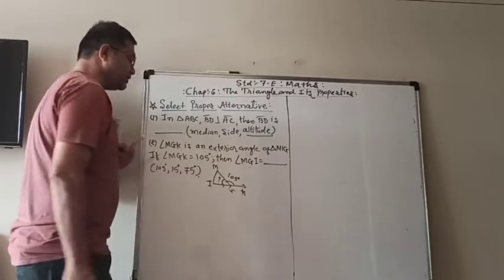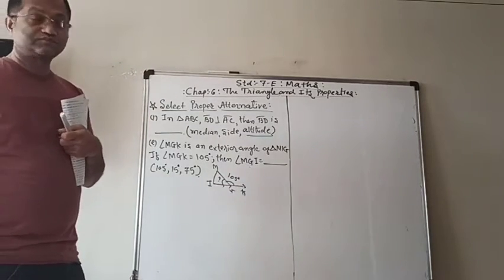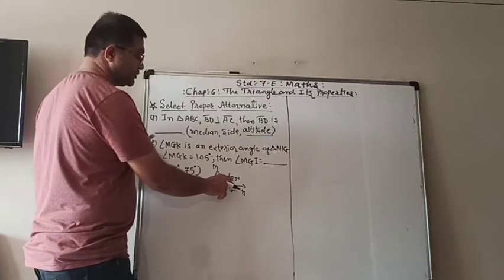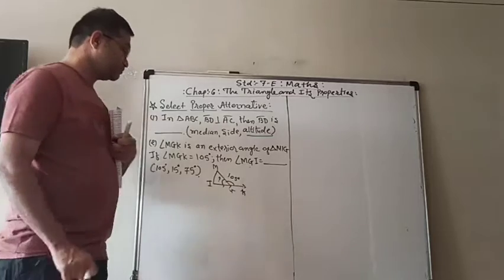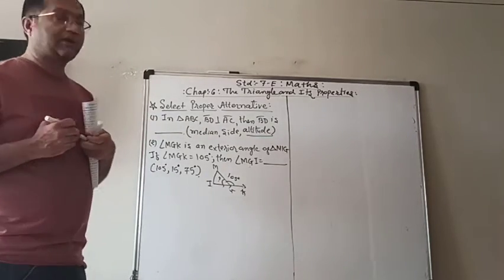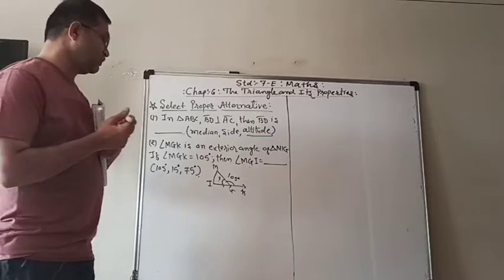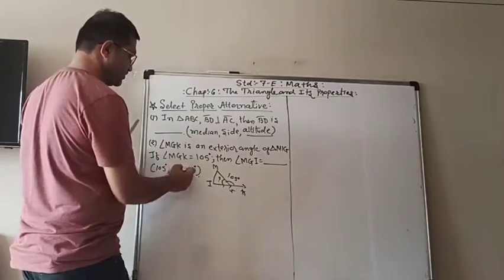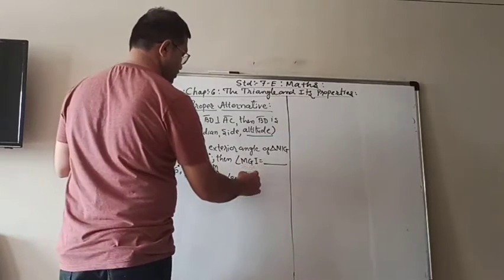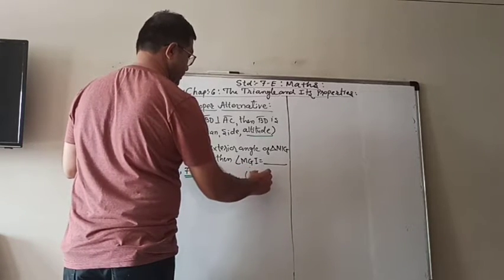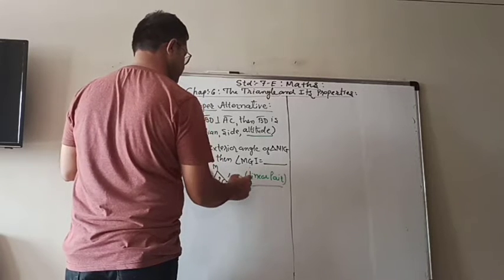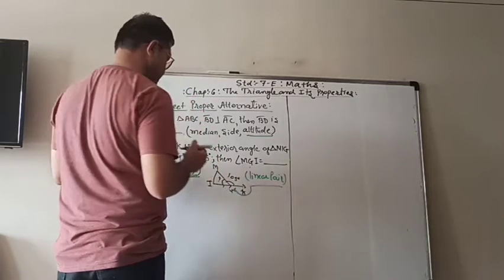You know that they are making a linear pair, so we have to subtract 105 degree from 180 degree. Then what will be the answer? 75 degree. For your reference, you can draw and write down linear pair. They are making a linear pair.